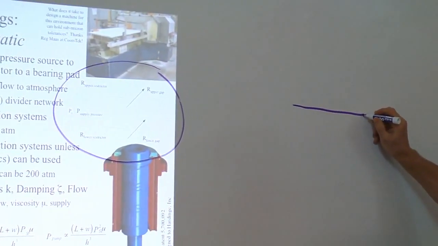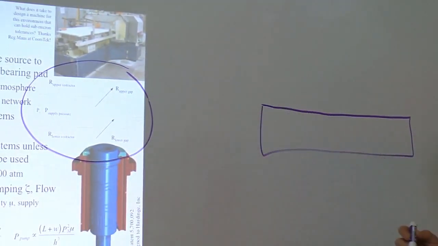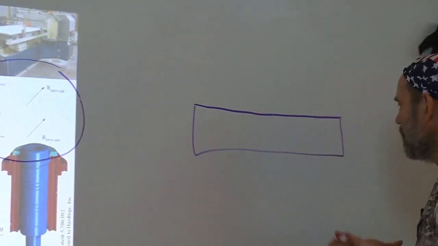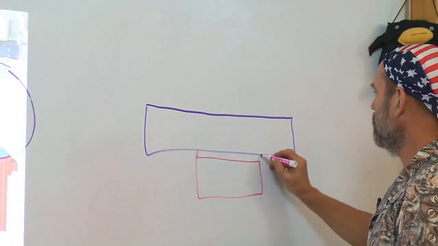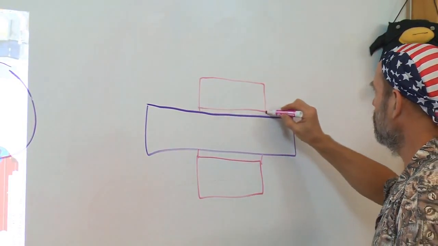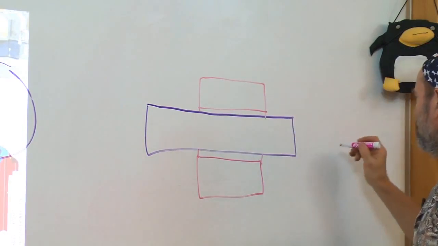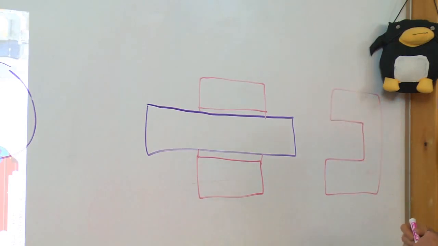Let's say I have this block that I want to float in a structure. So an end view of this would be something like this.